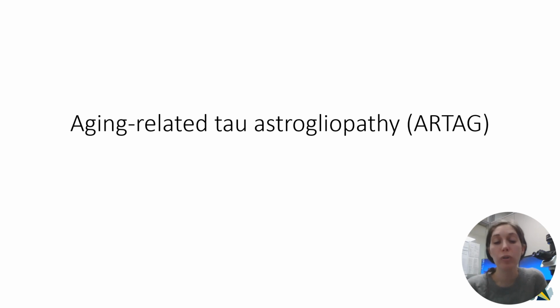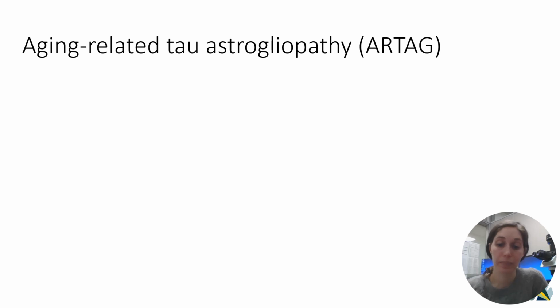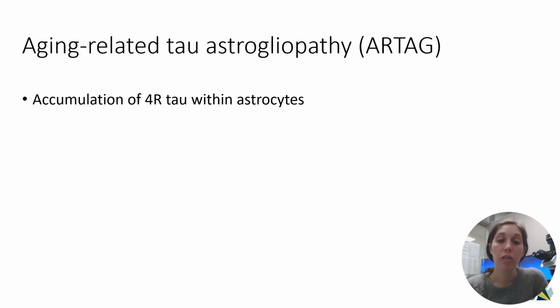All right, so moving on to another tauopathy, age-related tau astrogliopathy, or ARTAG. So ARTAG, unlike PART, is an accumulation of tau within astrocytes as opposed to neurons. Also, instead of being composed of two isoforms, 3R and 4R, it's simply the 4R isoform.